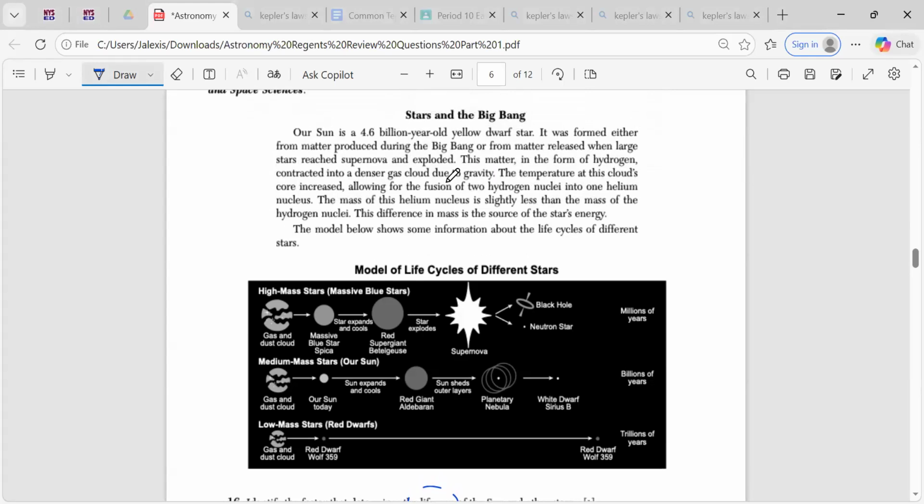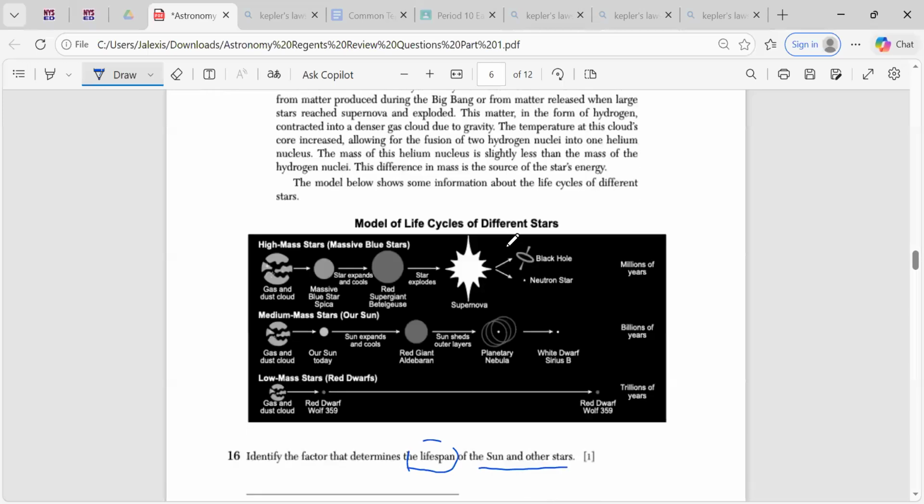While I'm scanning, I don't necessarily see much information about the life cycle of stars, but I look at this model right here, and I see they've broken up the category into low mass stars, red dwarfs, and they live on for trillions of years. I see medium mass stars, our sun, and I see the lifespan is billions of years.